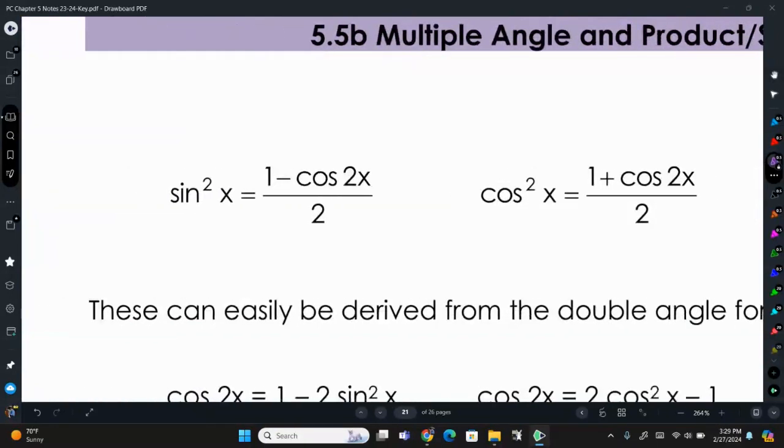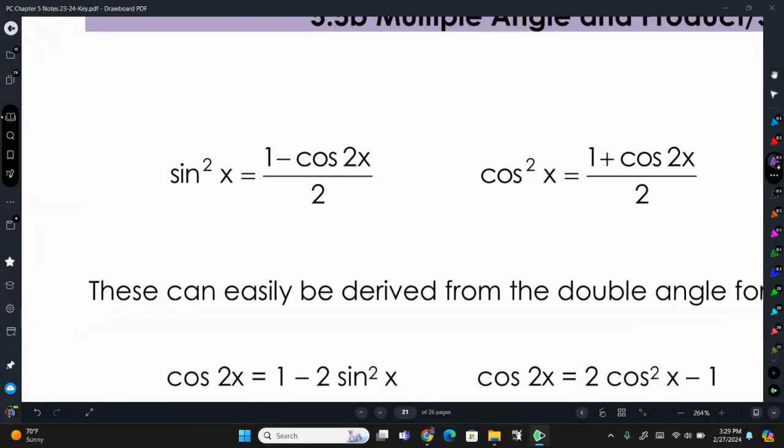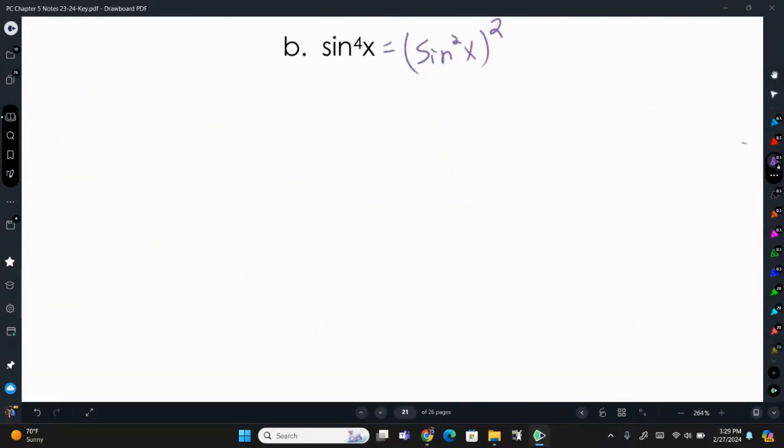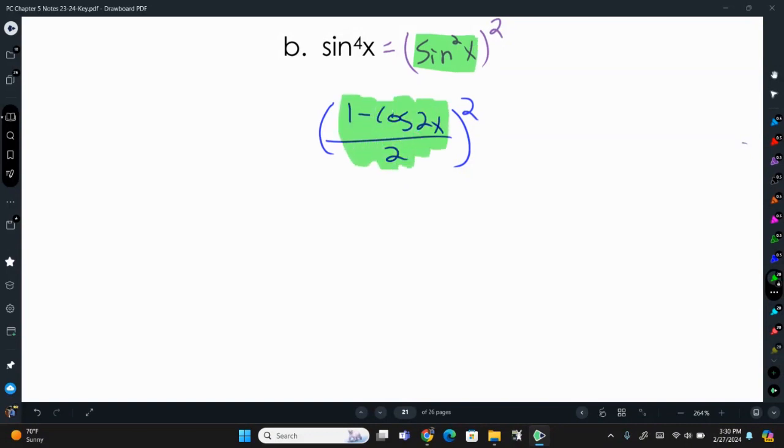So sine squared is going to be 1 minus cosine 2x over 2. So let's rewrite that. Instead of sine squared, it's going to be 1 minus cosine 2x over 2, squared. So I replaced this with the power reducing formula.